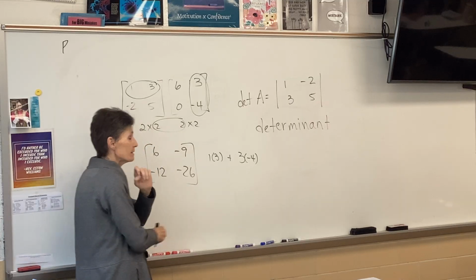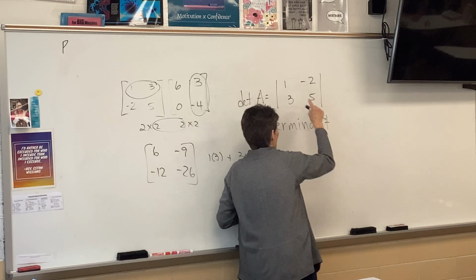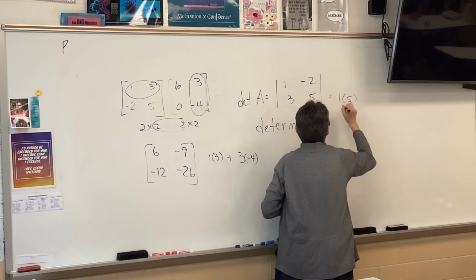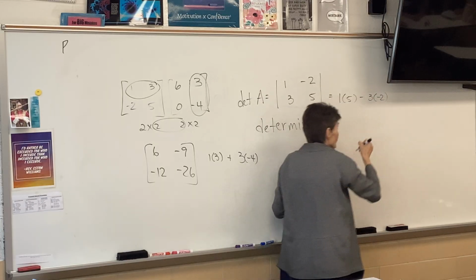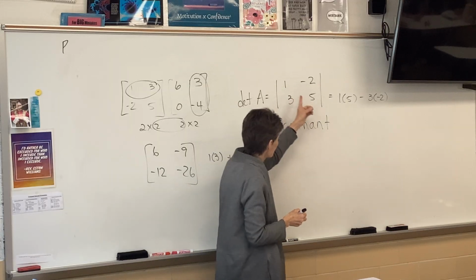To calculate the determinant, it's very, very easy. The value of this determinant would be 1 times 5 minus 3 times negative 2. So in other words, I multiply these guys and get 5.